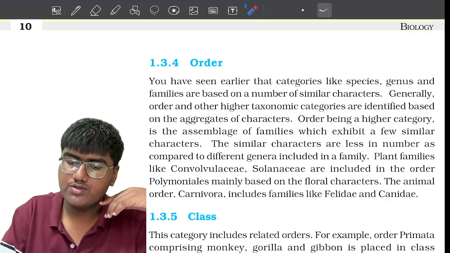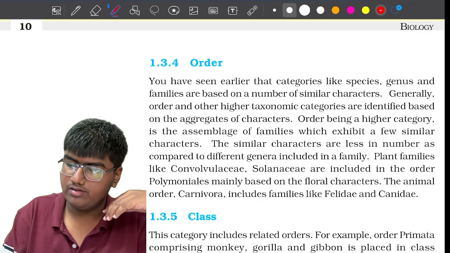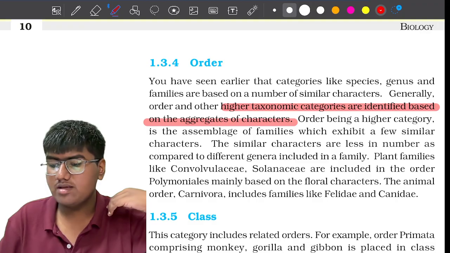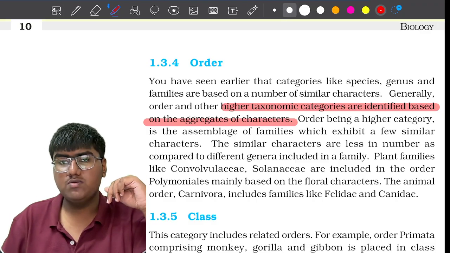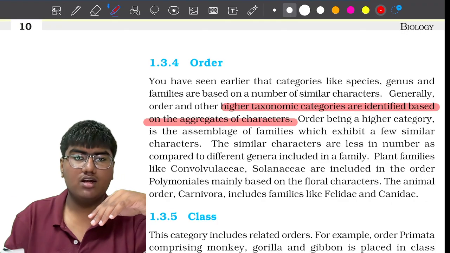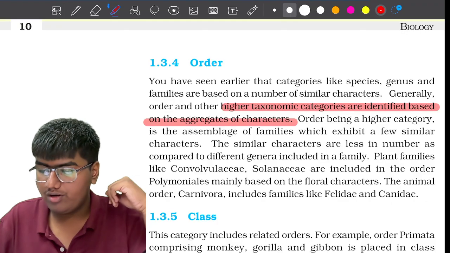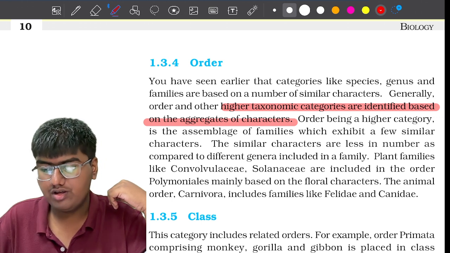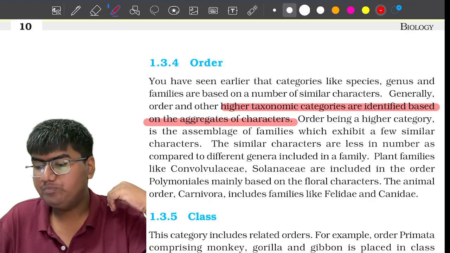This is an important statement. Let's just highlight it. Order, being a higher category, is an assembly of families which exhibit similar features. So there are many families that come under one similar order. Similar characters are fewer in number as compared to the different genera included in a family.